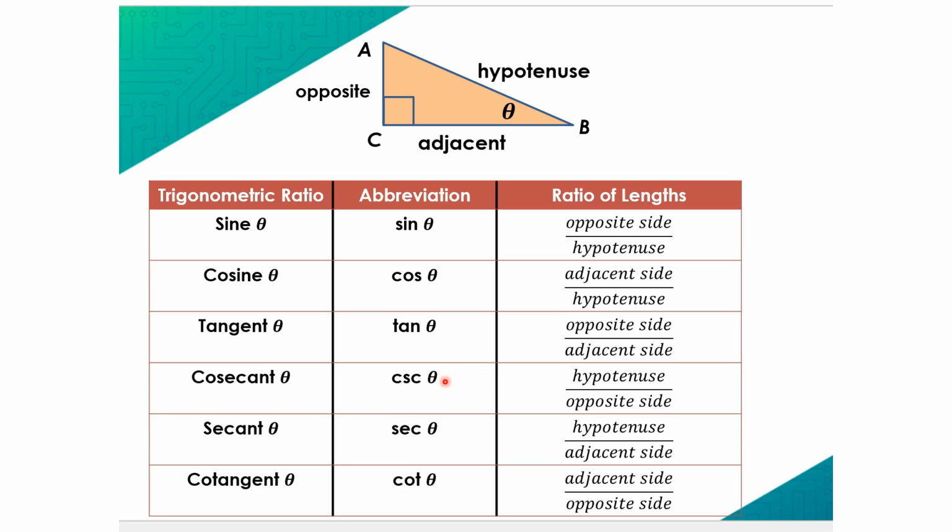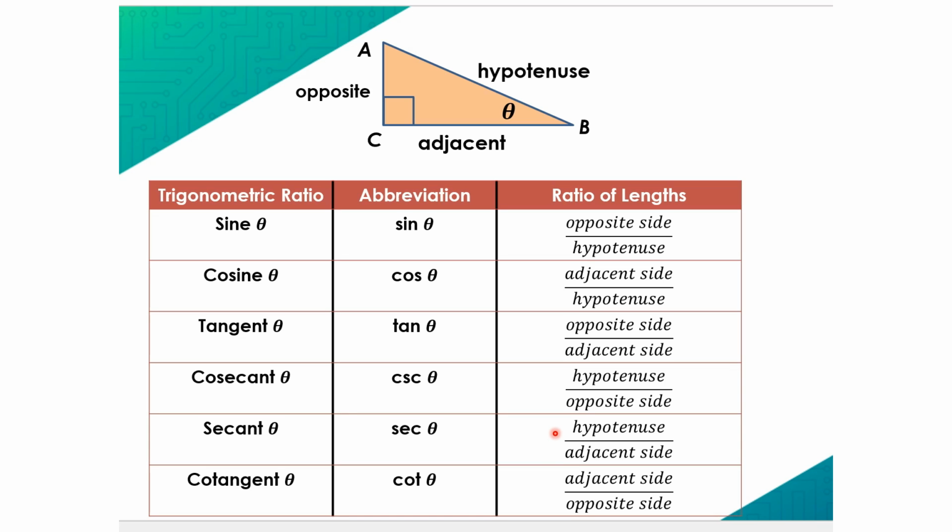Now, for the next 3 rows, notice that they are the reciprocals of the first 3 ratios respectively. So cosecant, which is abbreviated as CSC, is the reciprocal of sine. The ratio of lengths is hypotenuse over the opposite side, which is the reciprocal of the sine, opposite side over hypotenuse. Next, secant theta has an abbreviation of SEC.